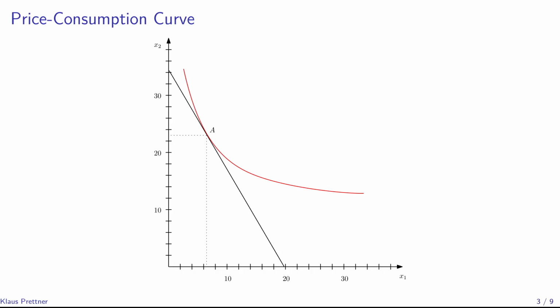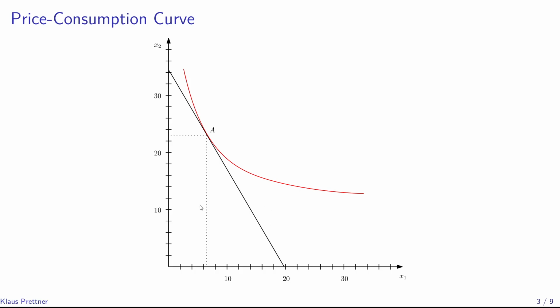On this slide, we see the graphical depiction of the utility maximizing choice of households when they decide upon the consumption levels of goods 1 and 2. The black line is the budget constraint.